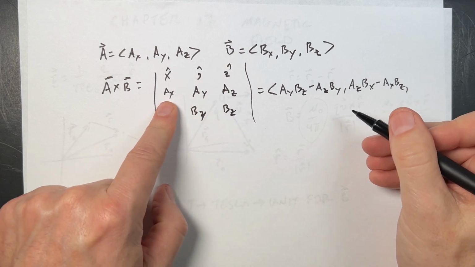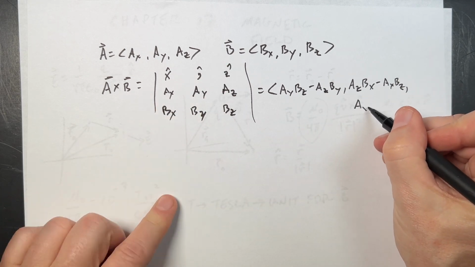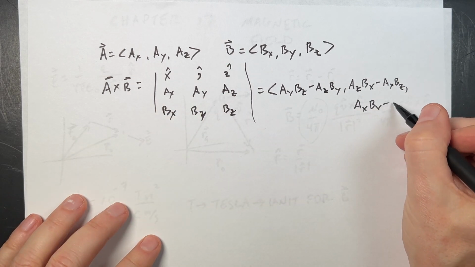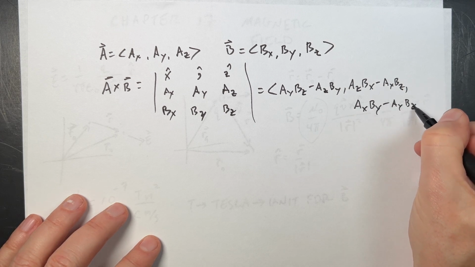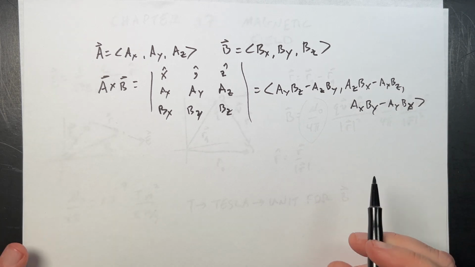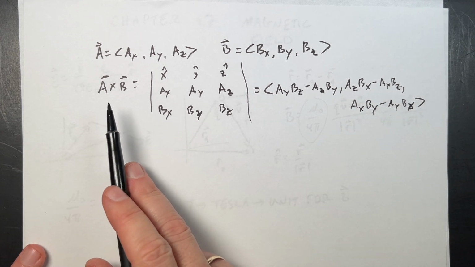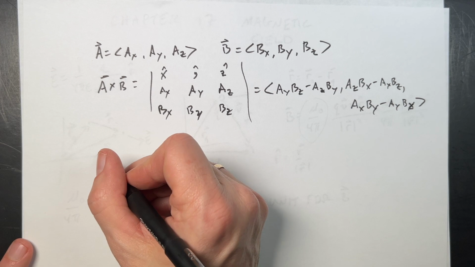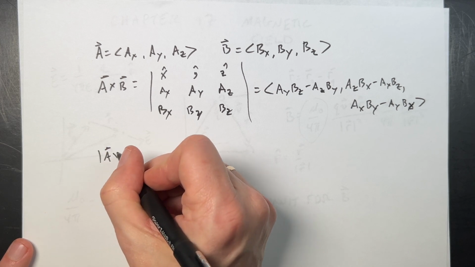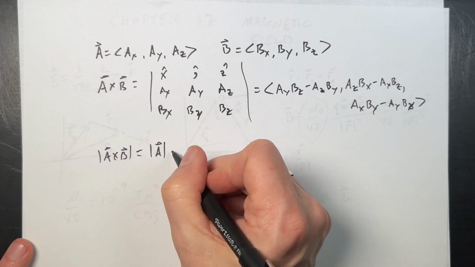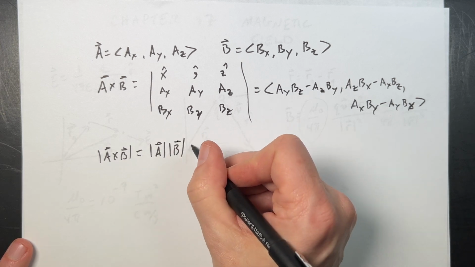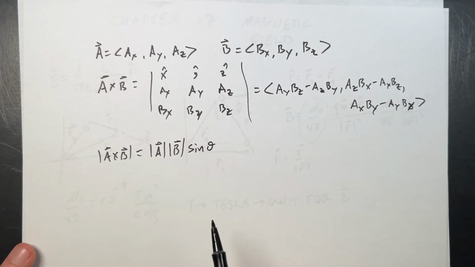And the last component is going to be AX BY minus AY BX. And that looks crazy, and it's a little crazy. There's actually another formula for this. The magnitude of A cross B is equal to the magnitude of A times the magnitude of B times the sine of the angle between those two.